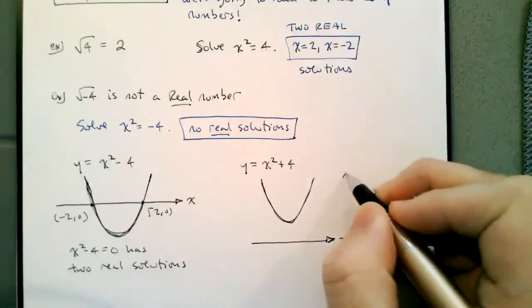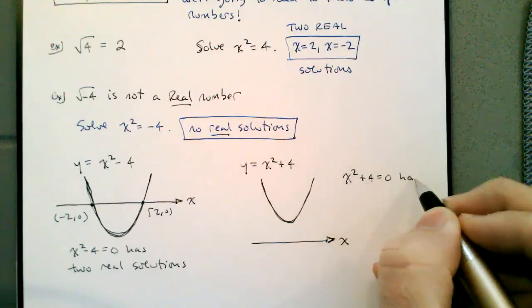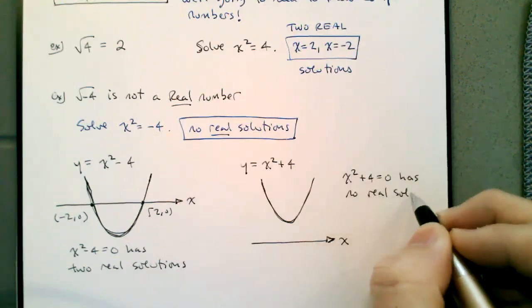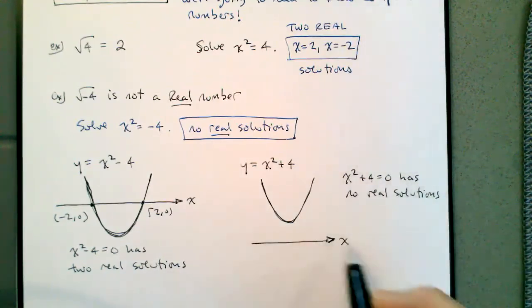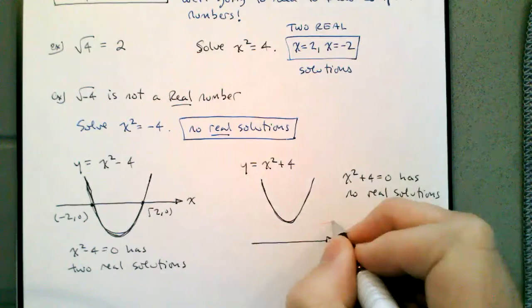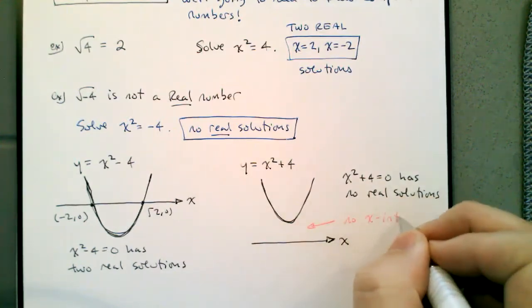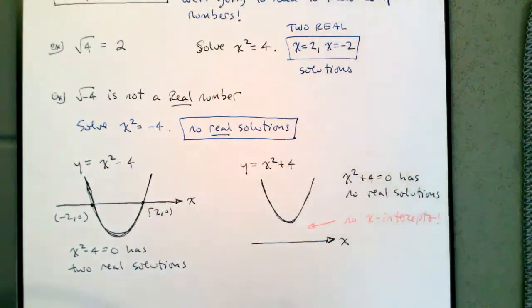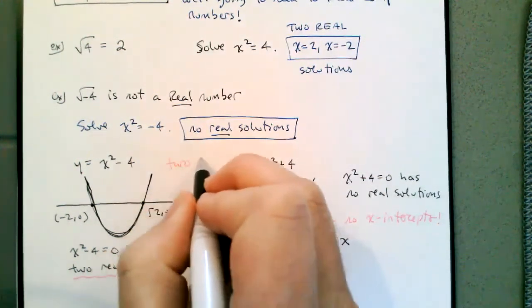So x squared plus 4 equals 0 has no real solutions, and we can see that there are no x-intercepts. Two real solutions, two x-intercepts.